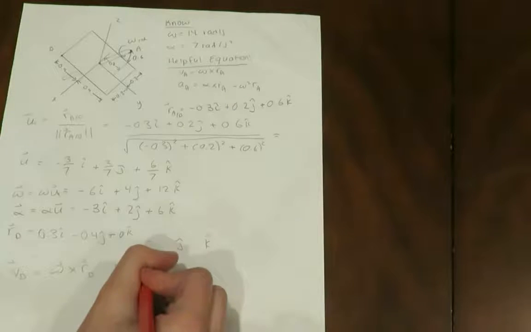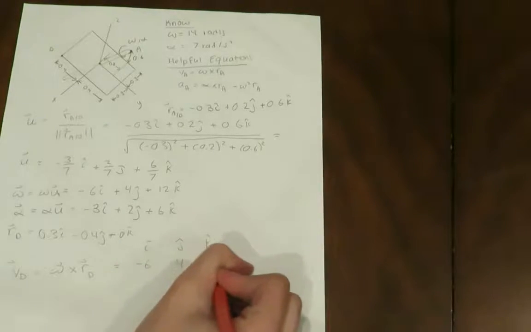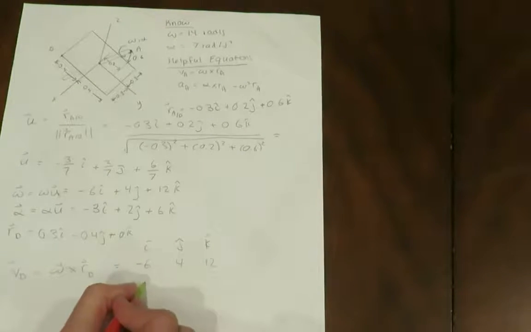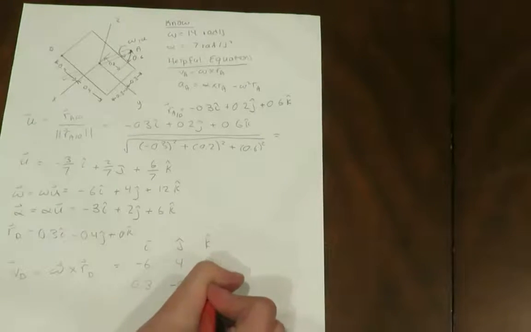So i, j, k. Omega is negative 6, 4, and 12, and our RD is right there. It's 0.3, negative 0.4, and of course 0.